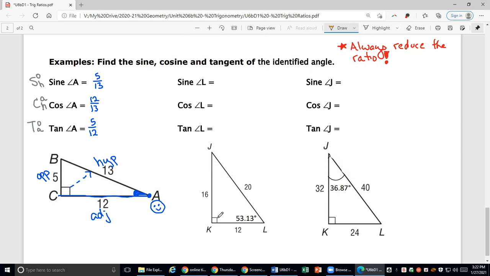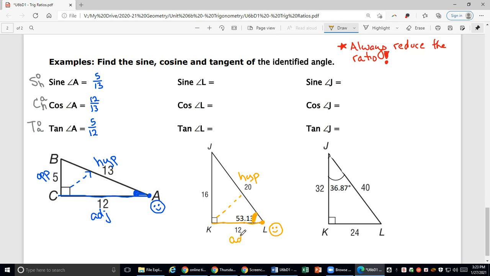The very first thing we always do is find that right angle so that we can identify the hypotenuse. Okay, then we say, we're looking for the sine of angle L. So then I go find angle L, and that is where I'm going to put my smiley face. That's important because that helps me find the adjacent, because I put my pen down and I highlight the side that's not the hypotenuse.